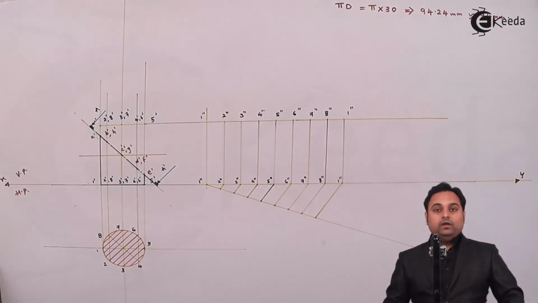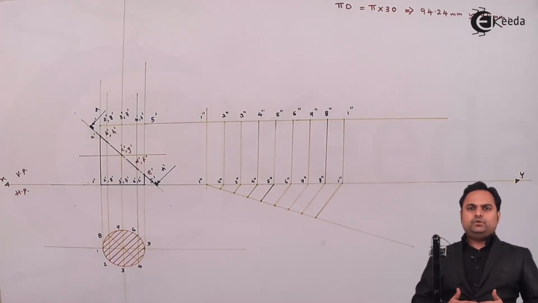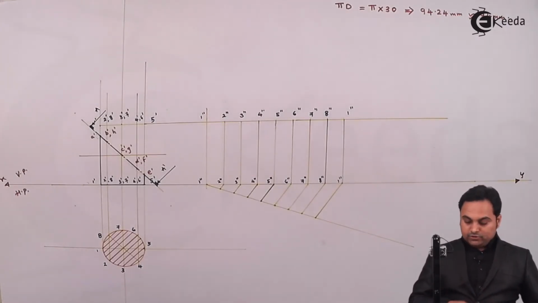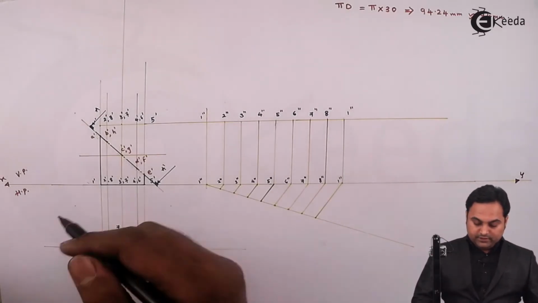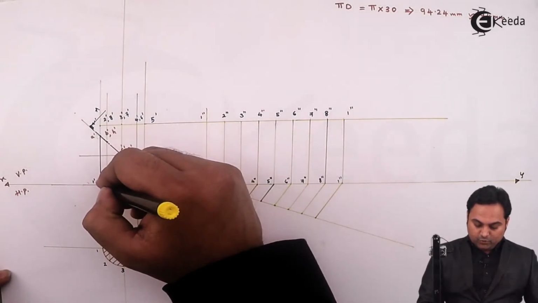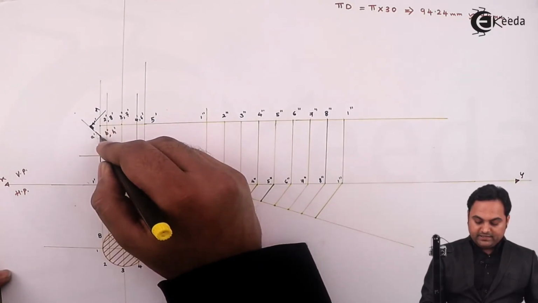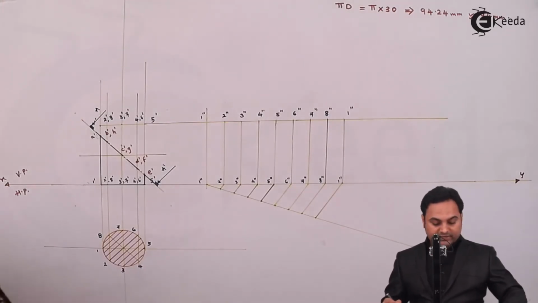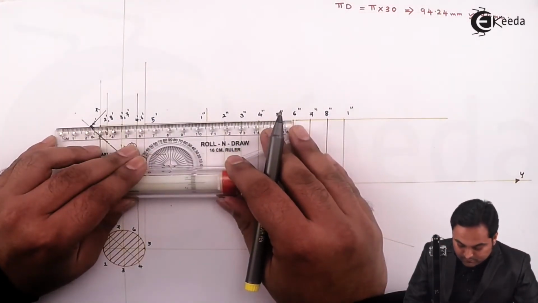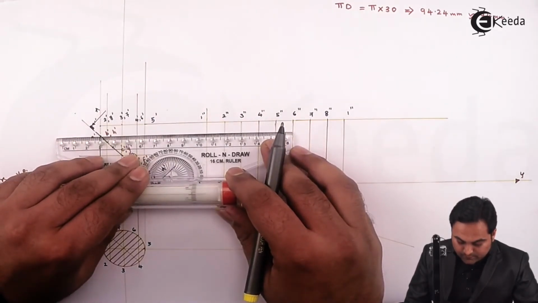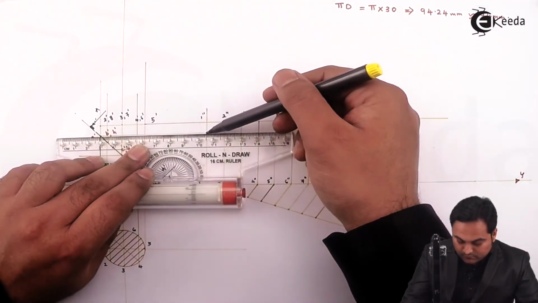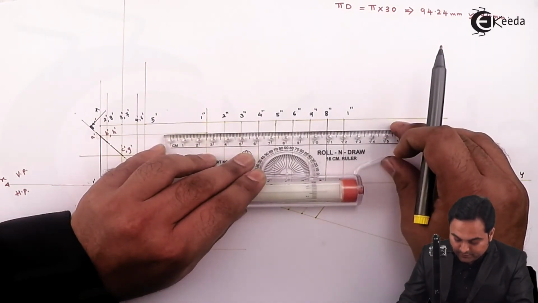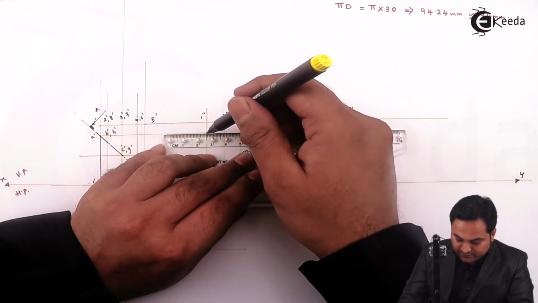Now here I have to see which are the points which we are getting when the cutting plane is cutting the cylinder. So here if we see, the cutting plane is cutting edge 1 dash 1 dash at point A dash. So this will be projected up to 1 double dash with the help of light line. And this same point will be projected up to the other point 1 dash.